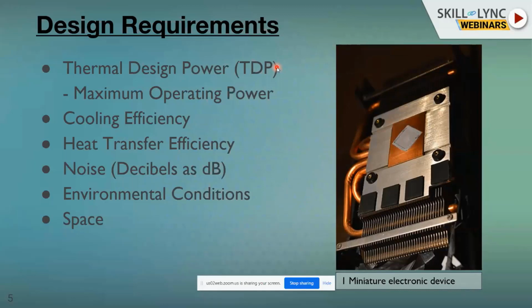Even mini laptops have come, with a minimum thickness of around 13 millimeters. So space is an important criterion, and we should select the modules, heat sinks, fans and blowers accordingly. These are the design requirements which we generally ask whenever we get a project.